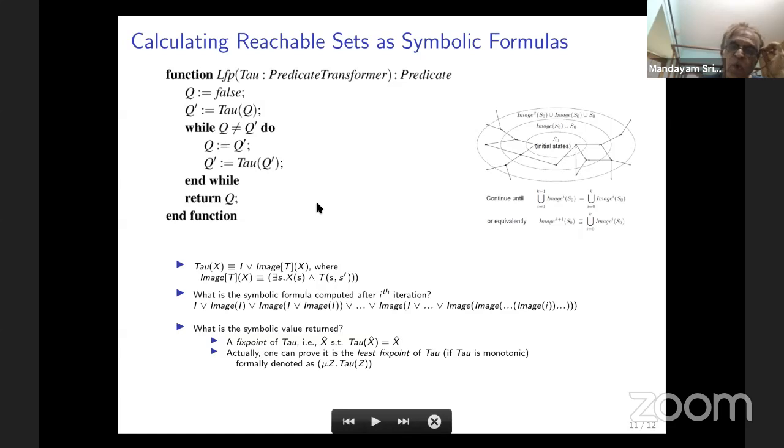Okay, but what I've shown here is only computing the set of all reachable states, expressed in terms of the fixed point of a higher order function that maps predicates, formulas representing states, to another formula.